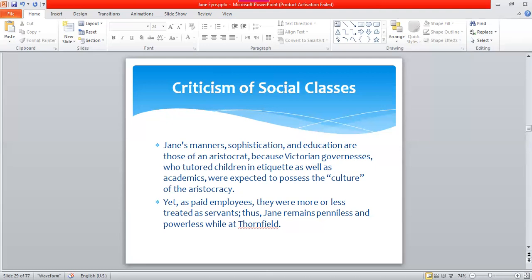Jane remains penniless, or without any money, and powerless, or deprived of any form of power, while being at Thornfield Hall with Edmund Rochester.